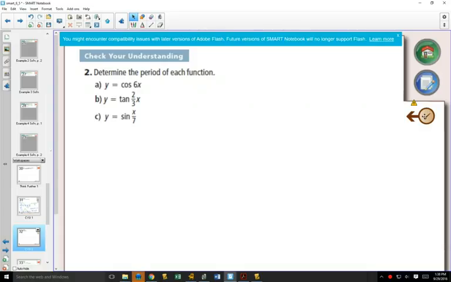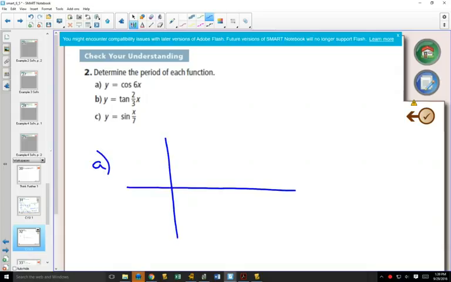Now when we were graphing sine and cos, so for A, if I'm about to graph this, normally I put one period here, right? Which was 2 pi. If I was graphing a normal cos graph, I would put 2 pi here and then split it into 4. But now I need to multiply everything by 1/6.